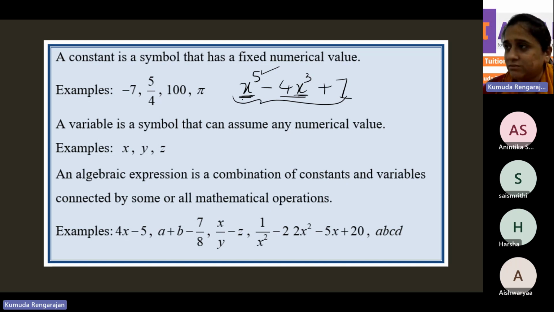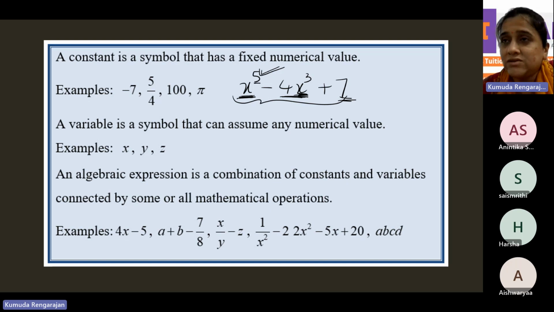Now, in the first term, the variable is x and its power is 5, which is a whole number. In the second term, the variable again is x and its power is 3, which is a whole number. Now, 7 is a constant. You don't see any variable attached to it. So ignore 7. Forget the constants. We are concerned only about the variable or the variables involved in the expression.